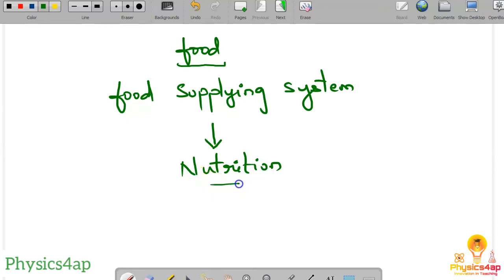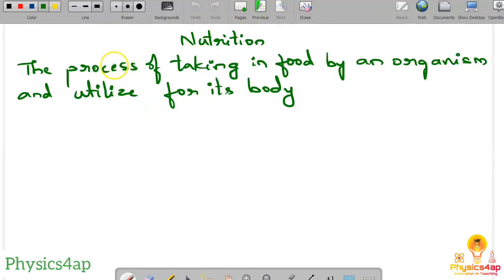Now first of all, what is called nutrition? Nutrition is the process of taking in food by an organism and utilizing it for its body. This process we call nutrition. Taking in food means how they take food inside, through the mouth or any other way.